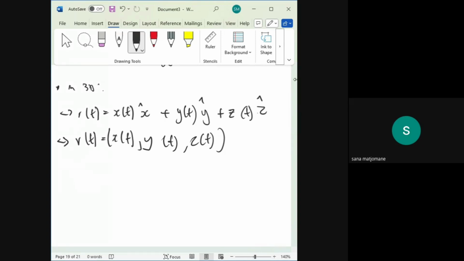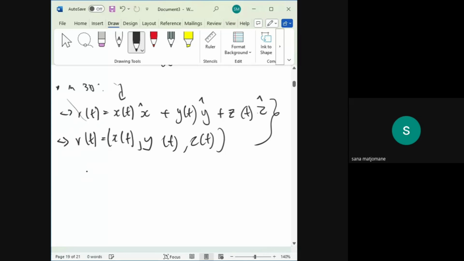But the important thing is you can represent it in these two ways. So x(t), y(t), z(t) are there, you can see them: a function that tells you the x, y, z coordinates of the particle at any given time.